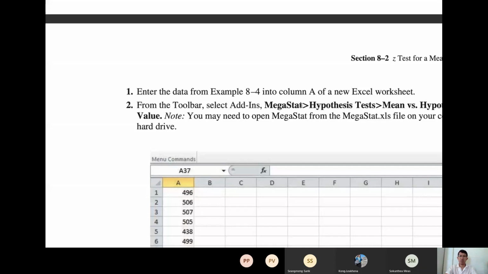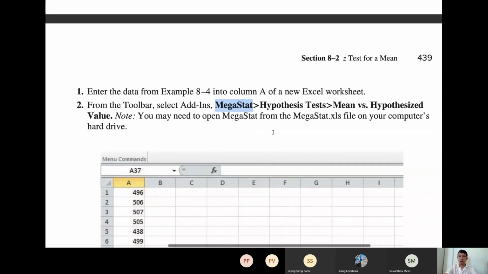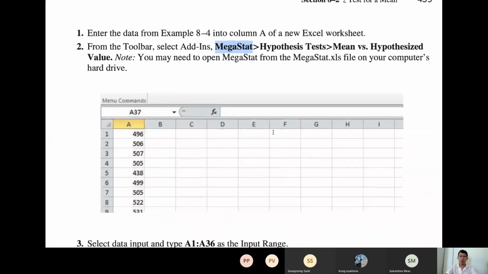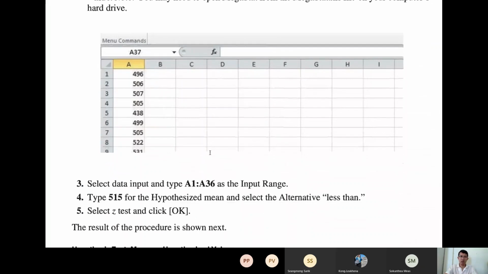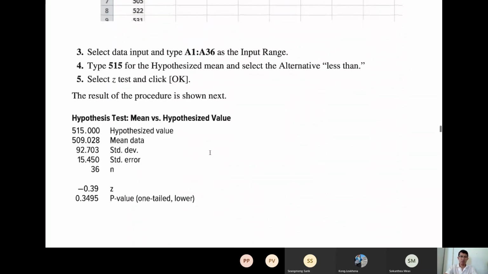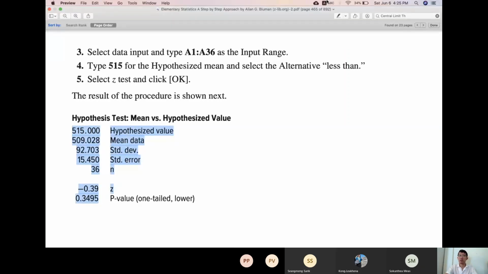So in order to use Excel, you have to install this add-in named Megastat. And I searched that it's not free, so you have to pay. Usually the software gives a different calculation, which will be considered later.